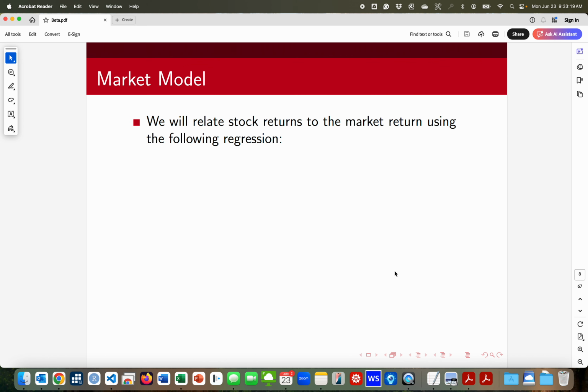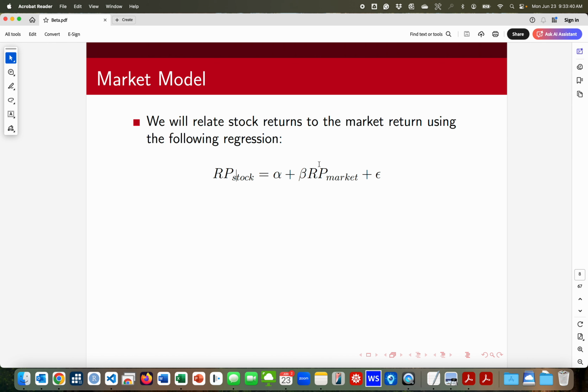So this is the regression that we're going to use to relate the stock returns to the market returns. The dependent variable is going to be the risk premium for the stock, and the independent variable will be the risk premium for the market. So this is a simple regression with only one independent variable.